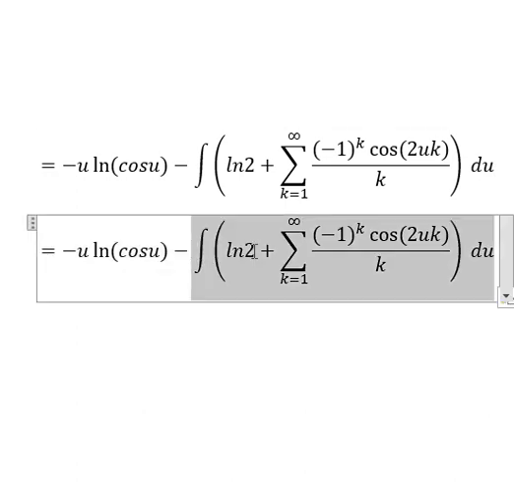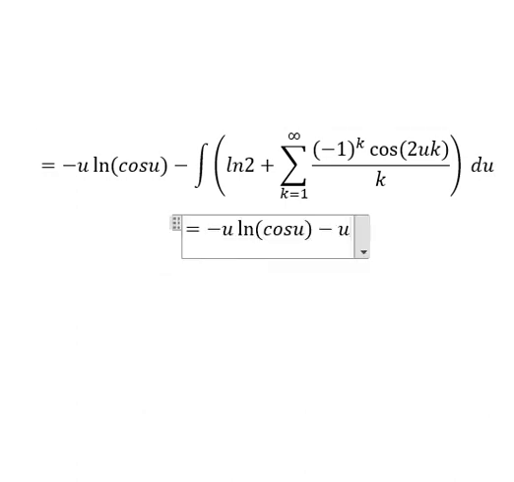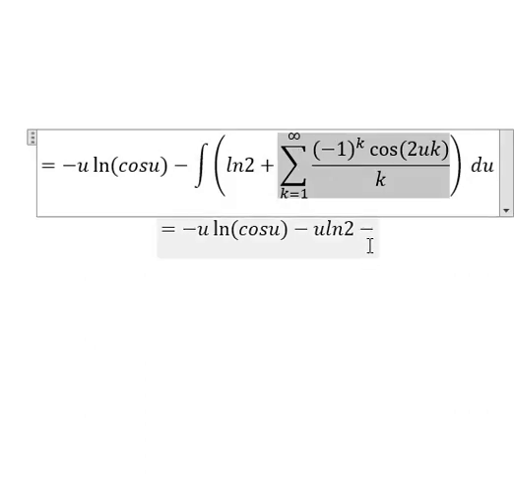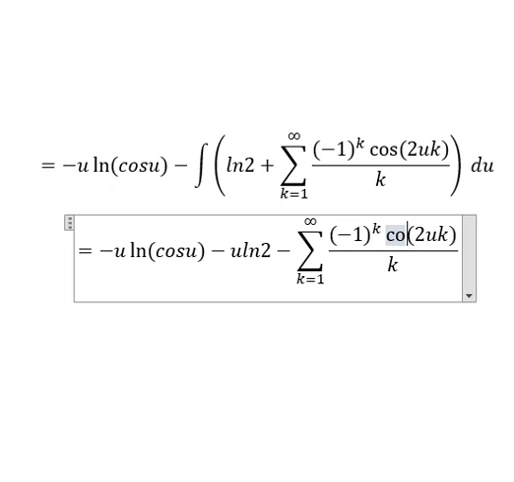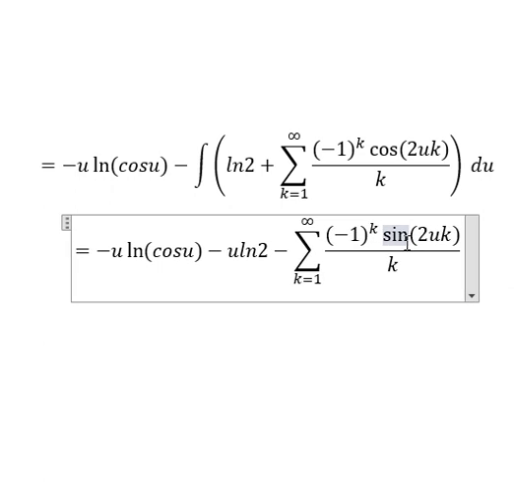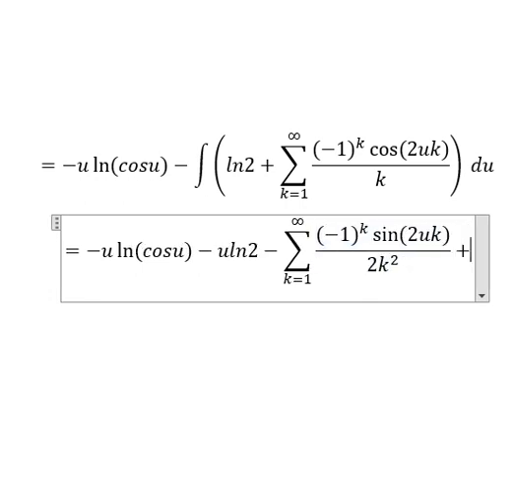Ln 2, we have u ln 2 minus the integration of cosine, we have sine 2uk, and we have 2k here, and for k we have 2k squared, and I will put c.